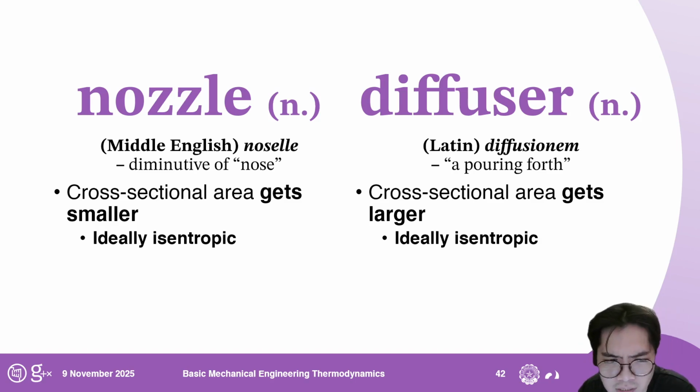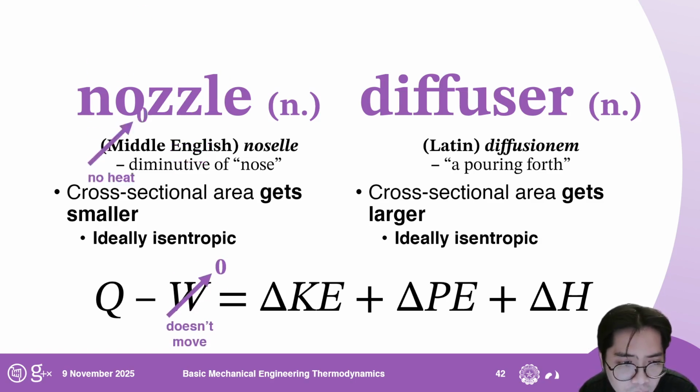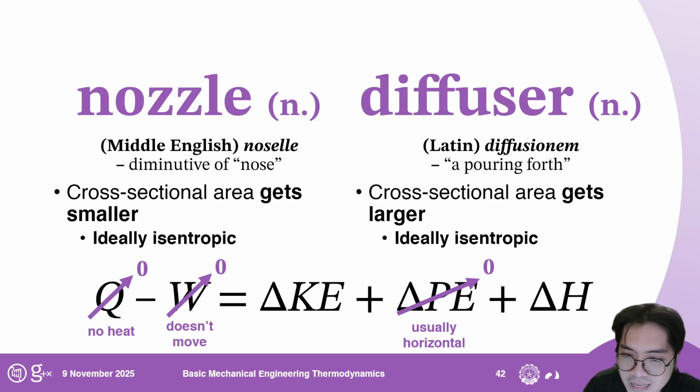And if we're saying isentropic, of course, these are just pipes. They will not move. And because this is isentropic, you should also have no heat transfer. The thing about this is that nozzles and diffusers are usually, not all the time, but usually horizontal, which means delta PE is 0 as well.